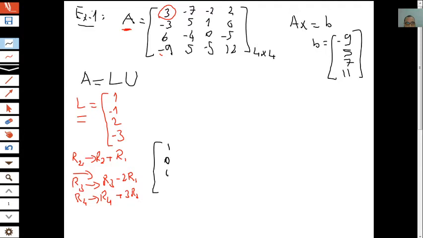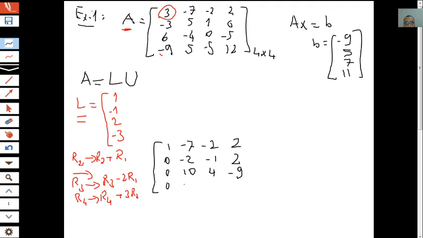So the matrix becomes 1, 0, 0, 0, minus 7, minus 2, 2, R2 plus R1. So we have minus 2, minus 1, 2. And the third one, R3 minus 2R1. So we have plus 10, 4, and minus 9, I guess.